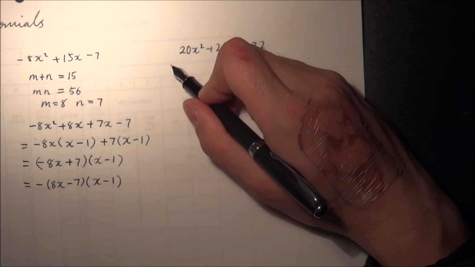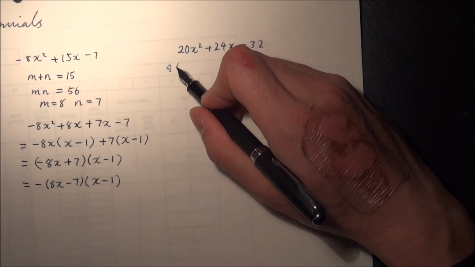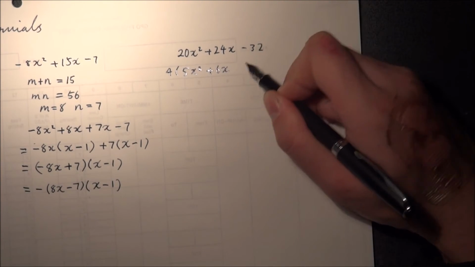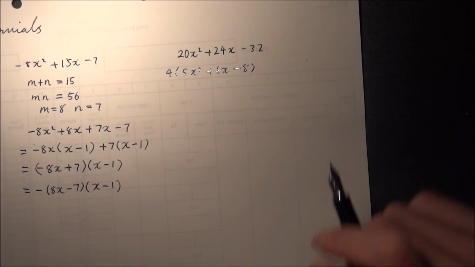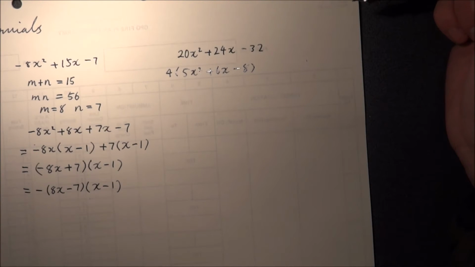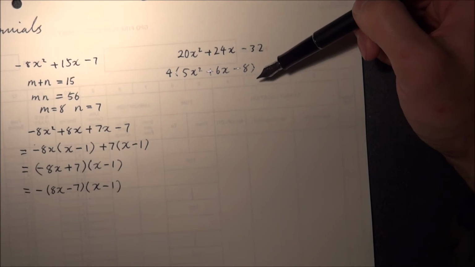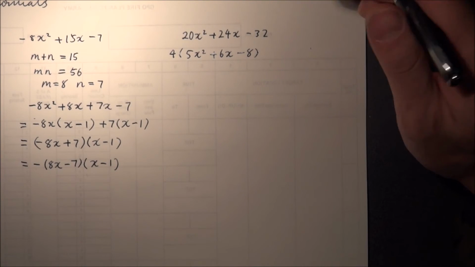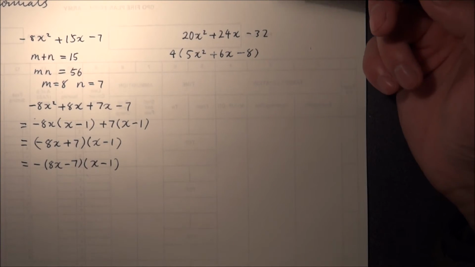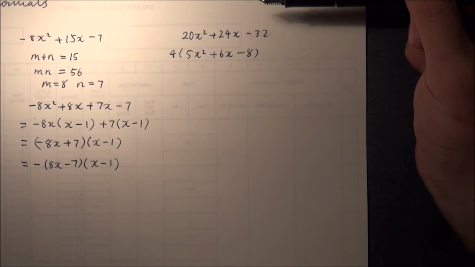So we can directly extract 4 from them. So we end up with 5x squared plus 6x minus 8. The purpose of taking 4 is that the smaller the numbers inside the parentheses here, the fewer factors we'll have, and then you'll be less required to figure out what m and n are.